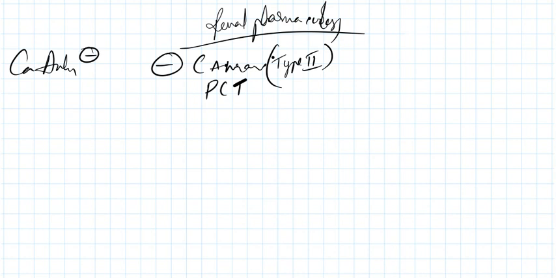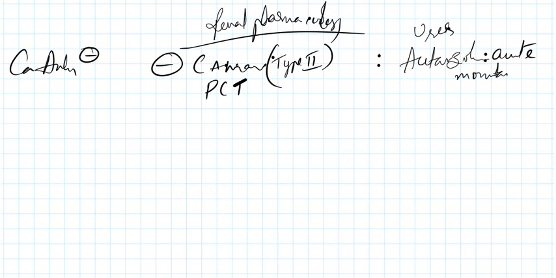So where are they used? Acetazolamide, which is the famous carbonic anhydrase inhibitor, is the drug of choice in acute mountain sickness. Guys, remember this one.